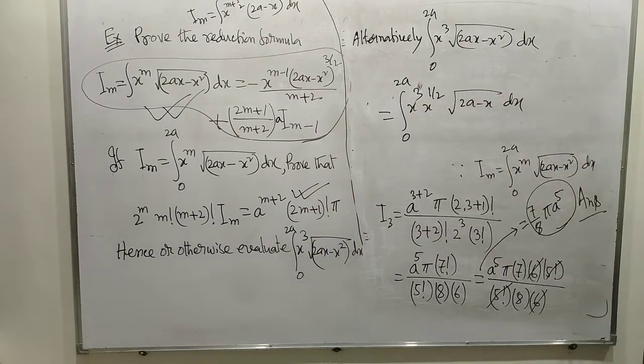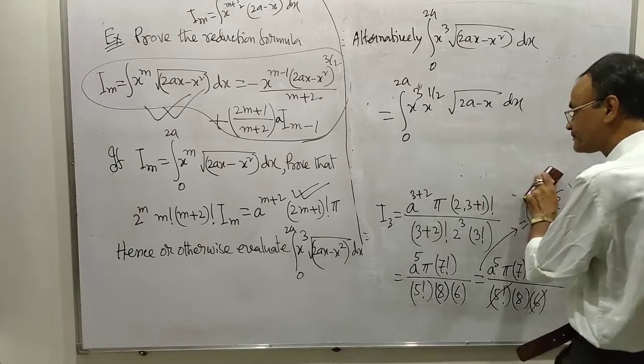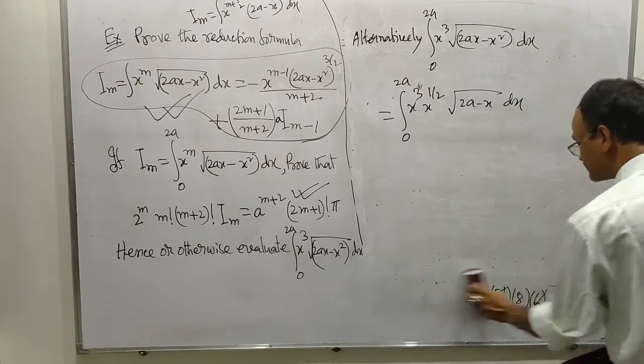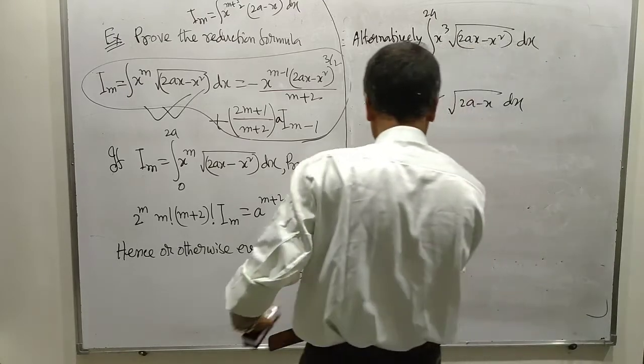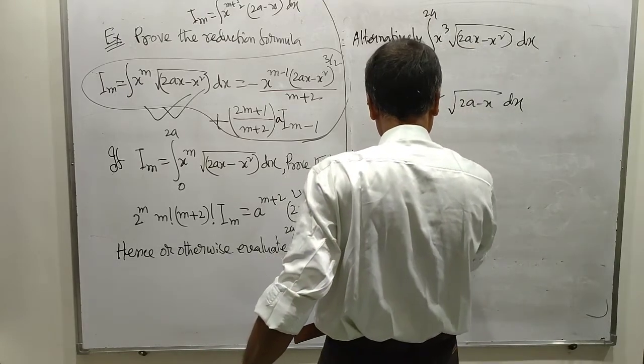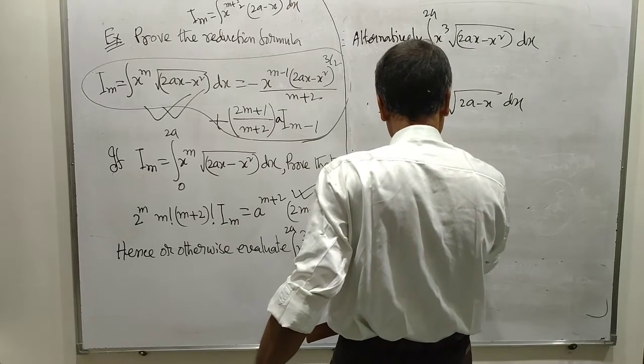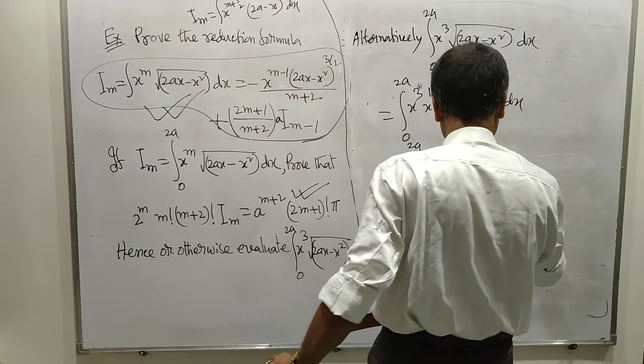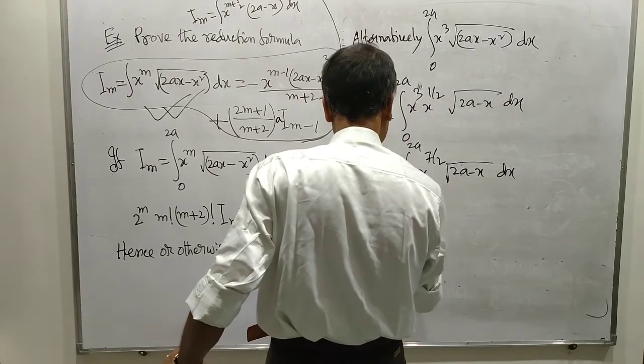You may write like this. Note it down. 7 by 8 pi a to the power 5 is equal to integration 0 to 2a of x to the power 7 by 2 under root 2a minus x dx. Suppose this is I.